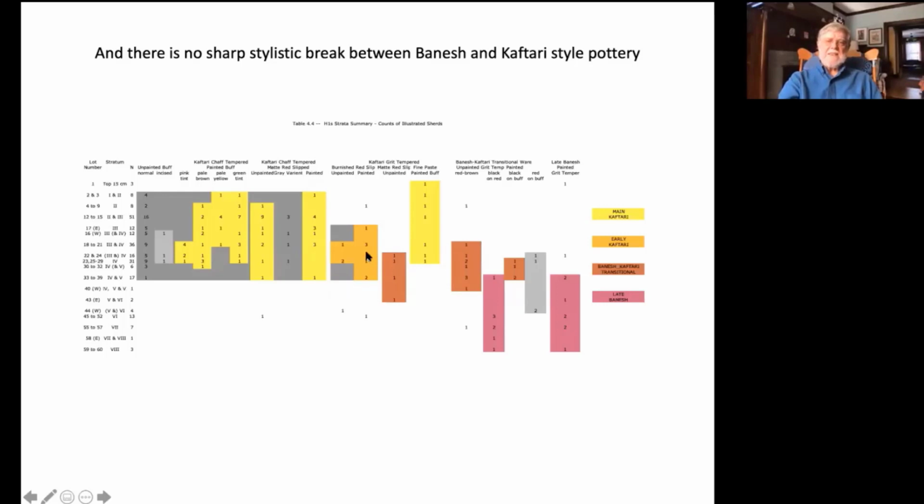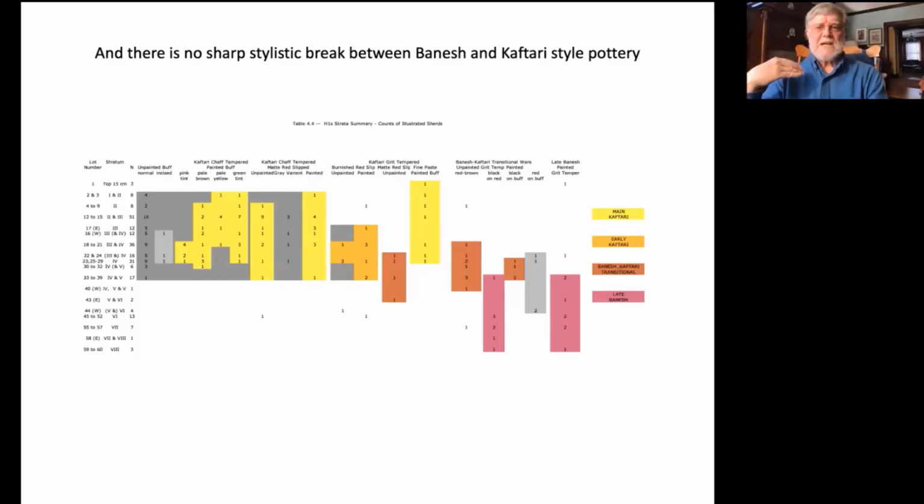And that overlaps with the early Kaftari and the ceramic types which are typical of late Kaftari or middle Kaftari or whatever we want to call it. I'm calling it main Kaftari because there really isn't a late Kaftari, but that's a provisional term that I'm not convinced is going to be too useful.